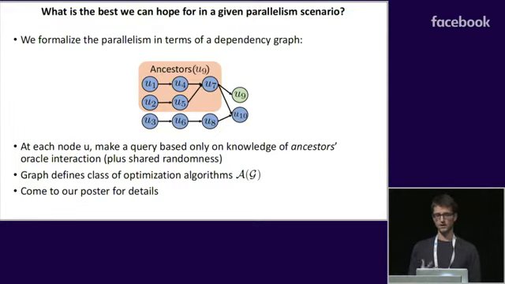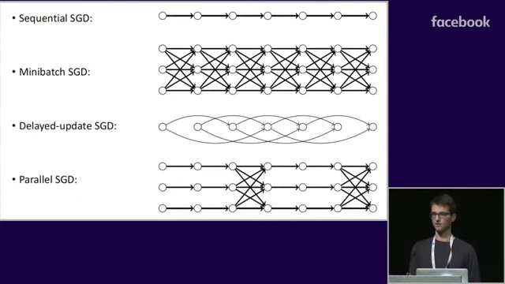So in this way, we can take this parallelism scenario and formulate it in terms of a particular graph. And we can use this oracle model in order to study a variety of parallel optimization problems. And we can rephrase our earlier question as, in a particular parallelism scenario, as captured by a particular graph, what is the best we can hope for?